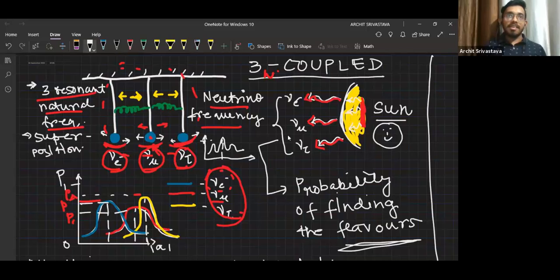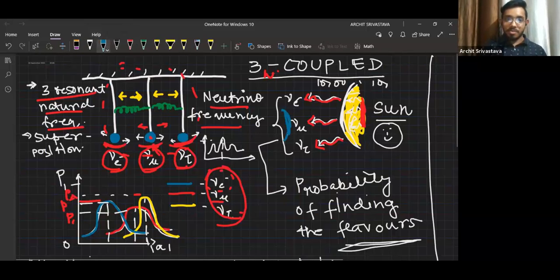I'm not sure about the time range, but it is somewhere from 10,000 years to 100,000 or a million years, because they randomly move around in the sun's inner core and collisions take time. Once they reach the surface, they are set free to go on their journey and reach Earth, reach us.